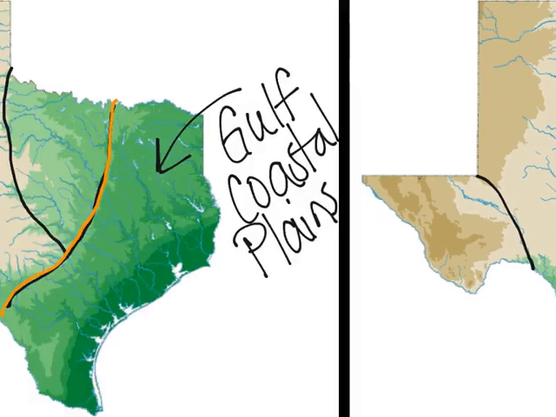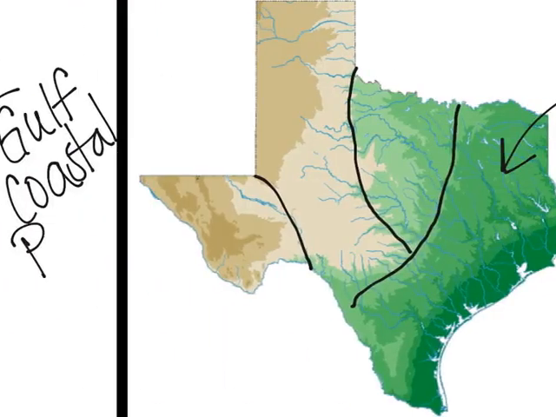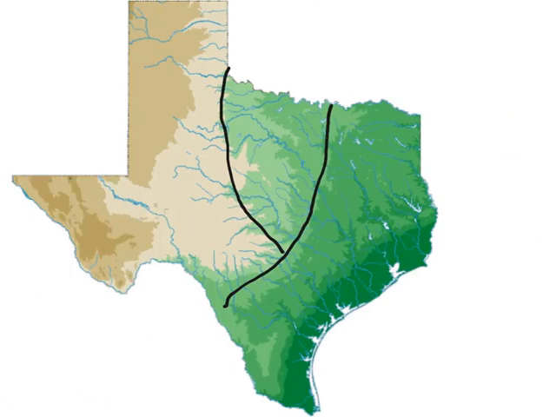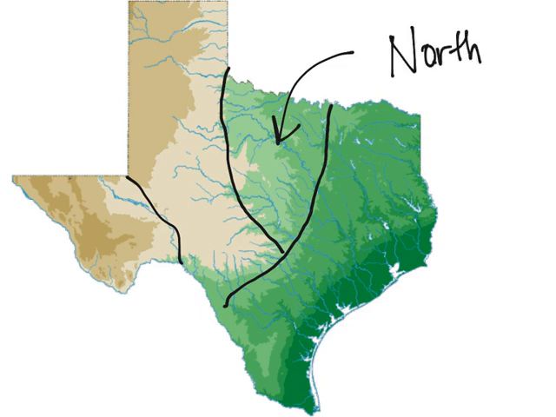Okay, the next section we're going to be looking at is the one right where Fort Worth was, like we were just talking about a second ago. That is this section right here in the center. It's called the North Central Plains. The North Central Plains still has some pretty good soil, has a good amount of rainfall, not as much as the Gulf Coastal, but it still has a lot of rainfall.